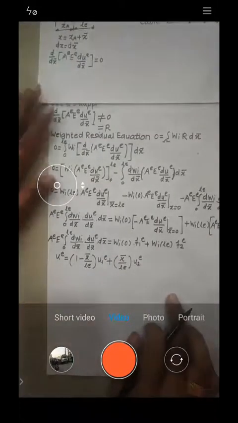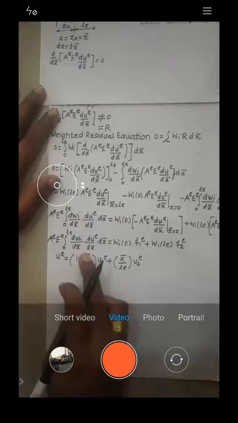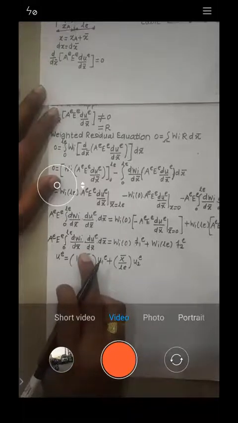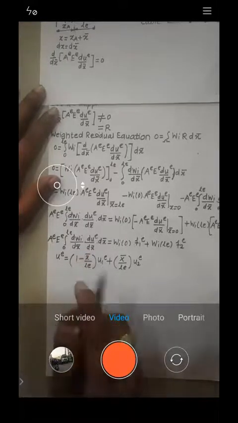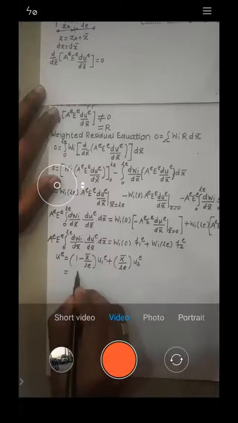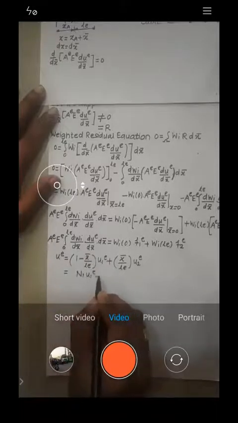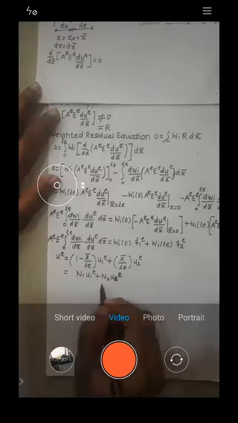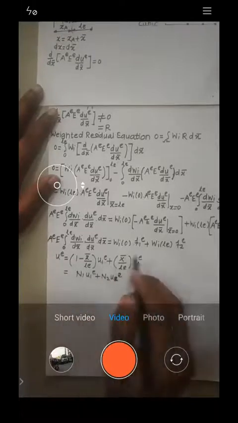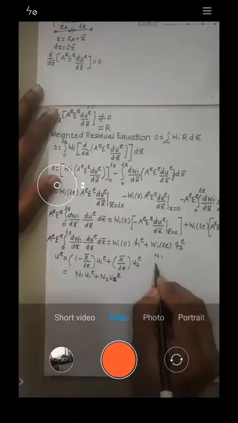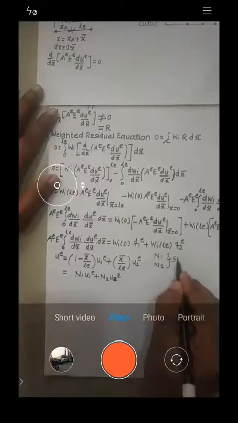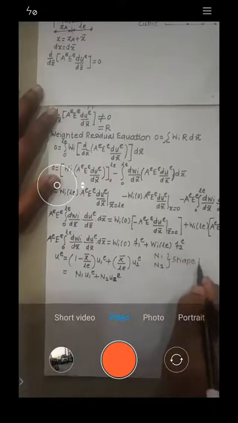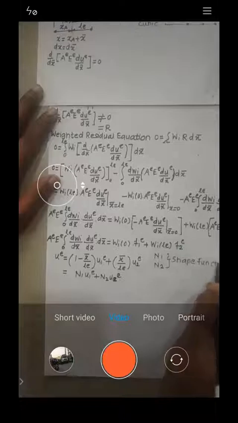Where this term is called N1, so this is N1 U1 plus N2 U2. This is N1, this is N2, and these N1 and N2 are called shape functions. Now you might feel, sir, from where you have derived this equation.